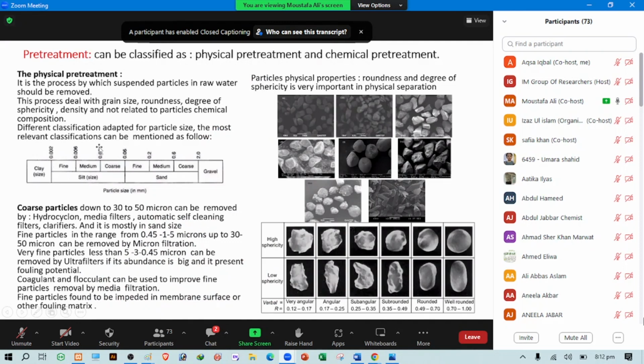We can remove particles down to 20 to 30 micron, but below that, medium and fine silt will be present as a load to be removed by micron filtration, which in total should not exceed 2 ppm.